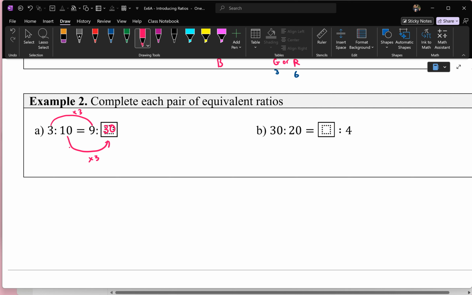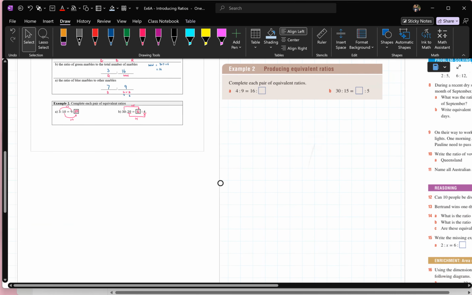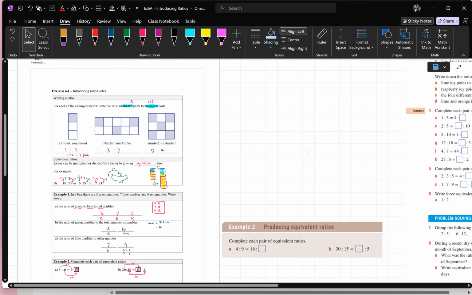Similarly, over here, you've got 30 to 20, and then something to 4 has to be the same. I can see that from 20 to get to 4, I'd have to divide by 5. That means to get from 30 to this magic square, it also has to be divided by 5, which tells me it is 6. And that should be the end of exercise 6A notes.